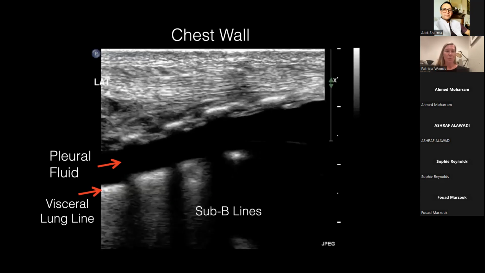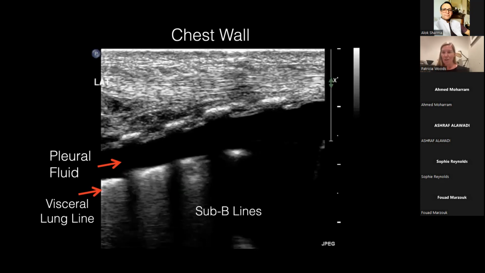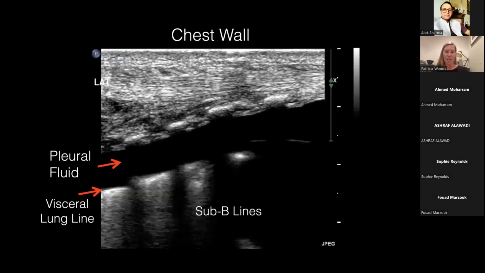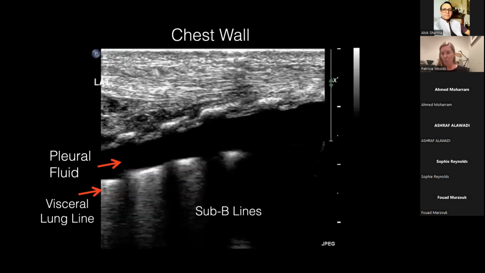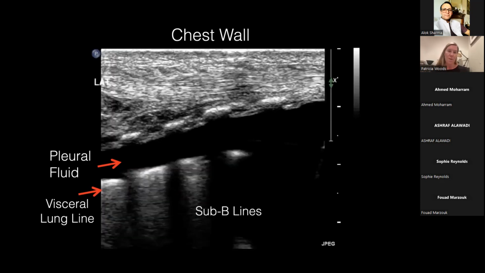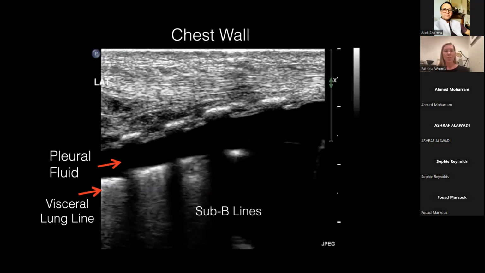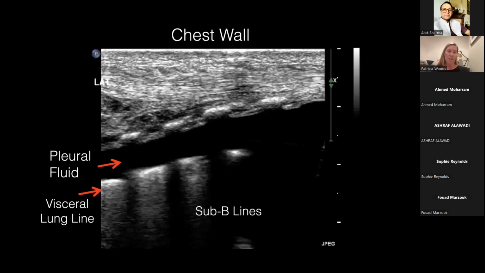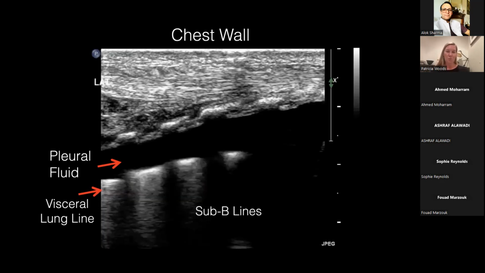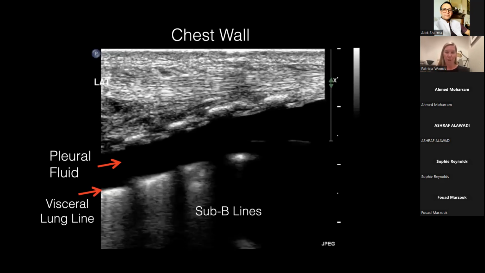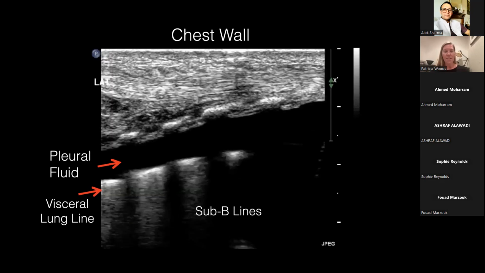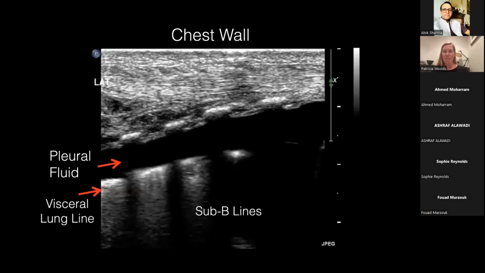It can help you from a proceduralist part when you're thinking about draining, of how deep you might need to go before you start accessing the pleura. But a really sharp contrast here of that tissue wall coming in, finding your ribs, finding that beautiful pleural fluid, which is that deep anechoic area, and that little lung now floating and suspended in it.